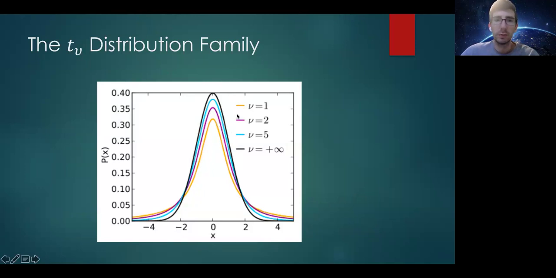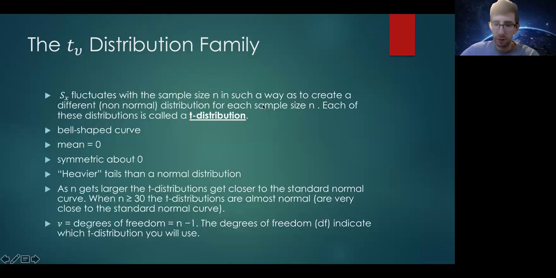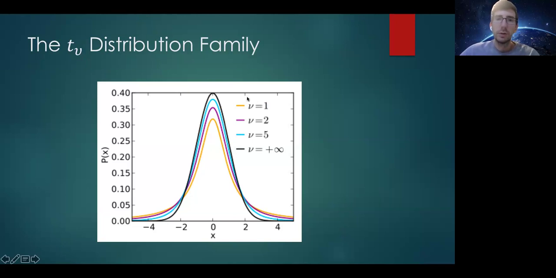Here, when the degrees of freedom is equal to 1, which means you have a sample size of only 2, right? The degrees of freedom is equal to sample size minus 1. So this would mean we had a sample size of 2, very small. You can see that the peak of the t-distribution is lower, right?